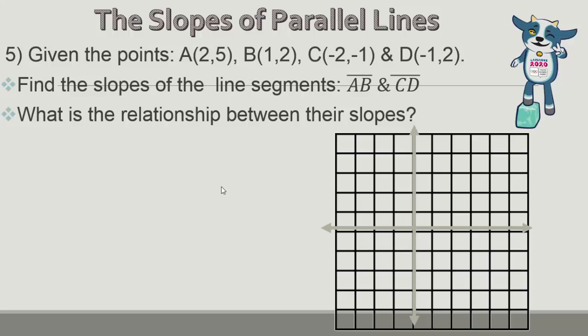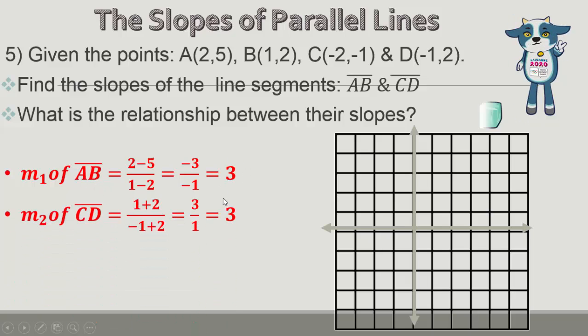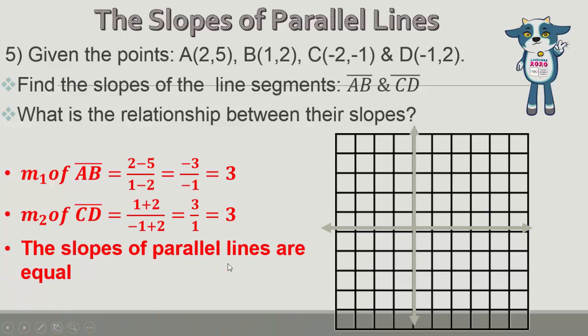Reviewing what we did on the whiteboard, we found the slope of AB is equal to 3, and we found the slope of CD is equal to 3. This means that the slopes of parallel lines are equal. If we were to graph this, here's how it would look. Here we have point A, which is (2, 5). Here we have point B, (1, 2).